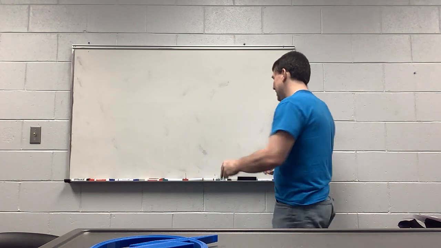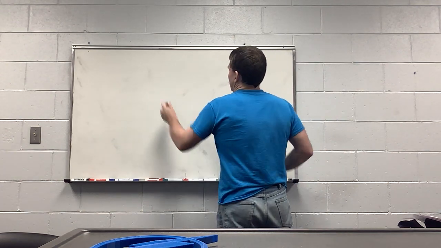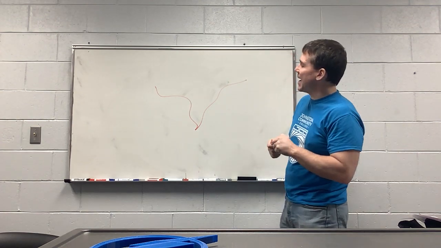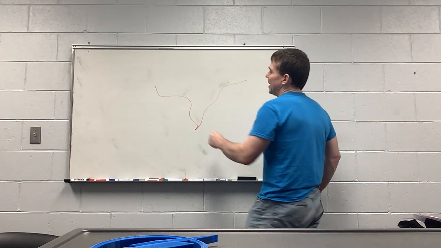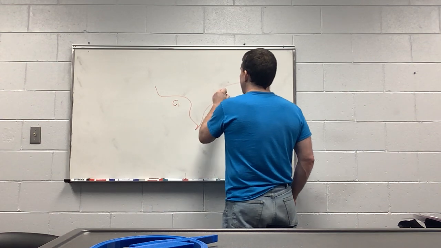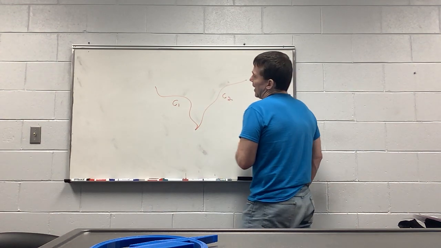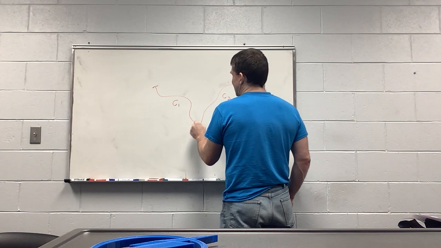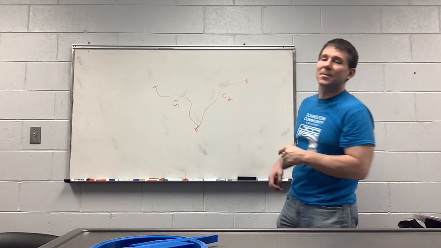And essentially the idea is, if I have some path here and then some path over here, well then maybe I'll call this C1 and this C2, and I can integrate as C1 goes from here to here, and then as C2 goes from here to here.